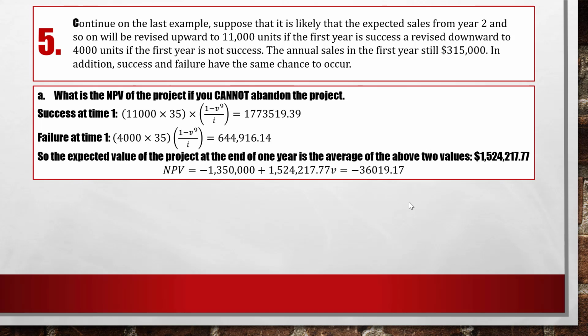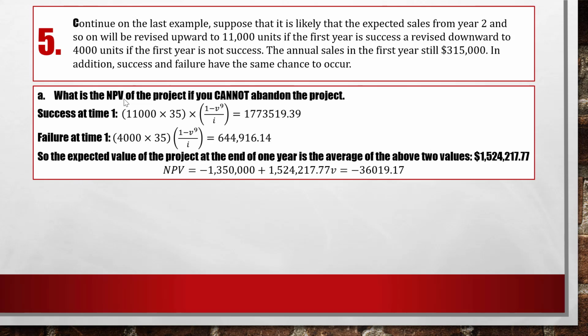So the question is, A, what is the net present value of the project if you cannot abandon the project? Before we solve this problem, why don't we call it the base case NPV, but just NPV? Because this is the NPV calculated on one case, where we cannot abandon the project. It's not the NPV on expectation at the beginning.